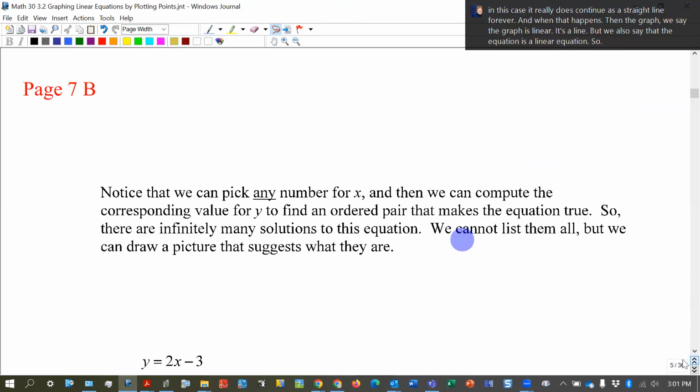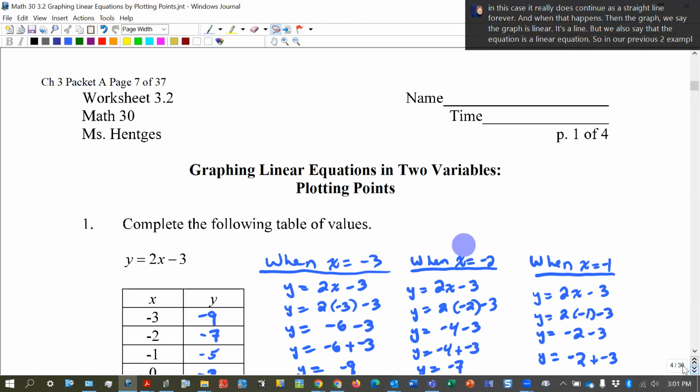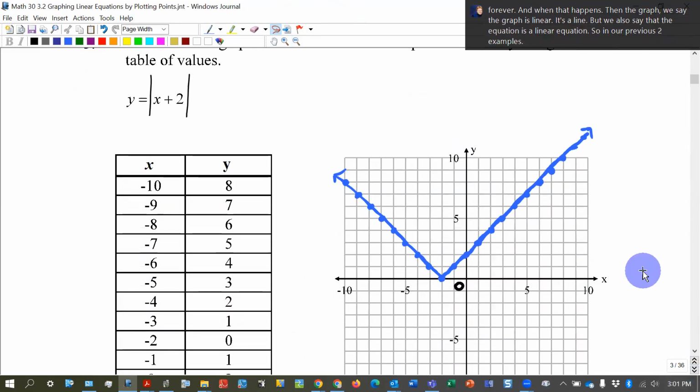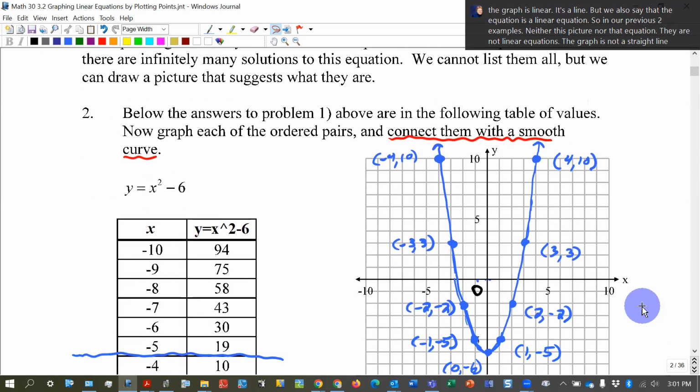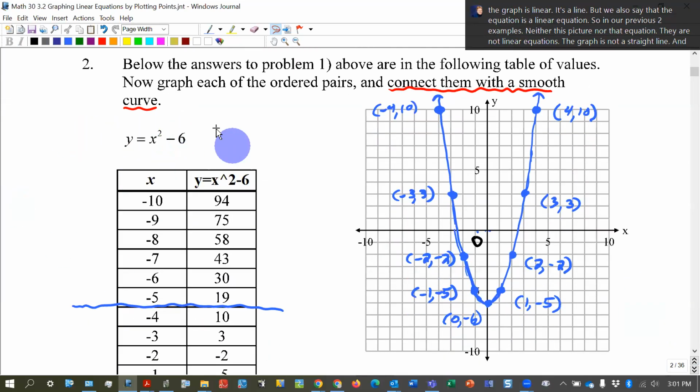So in our previous two examples, neither this picture nor that equation are linear. The graph is not a straight line, and this equation is not a linear equation because the graph of its solutions is not a straight line.